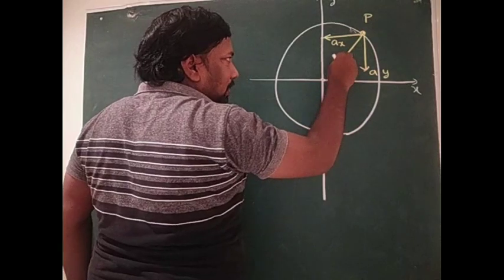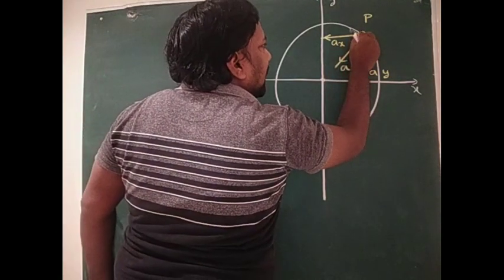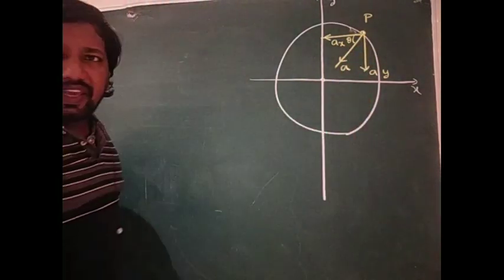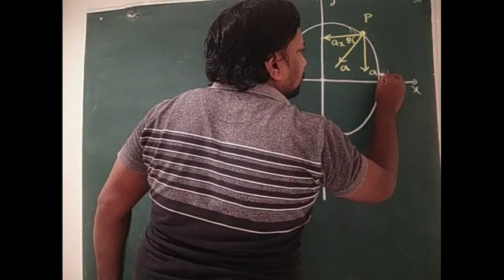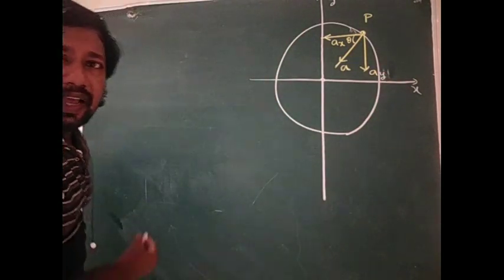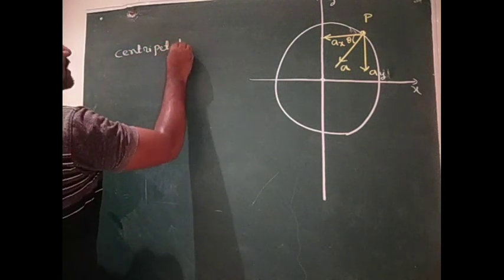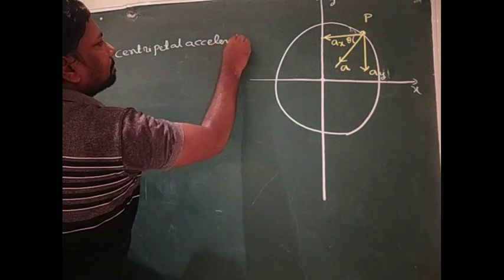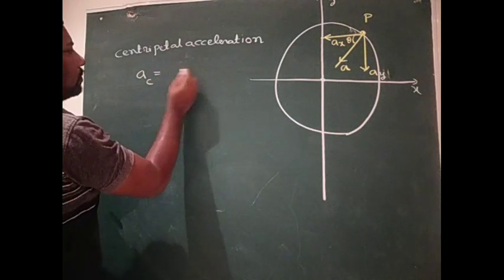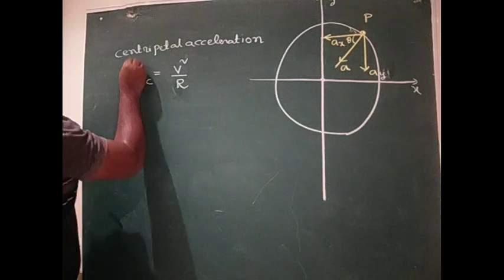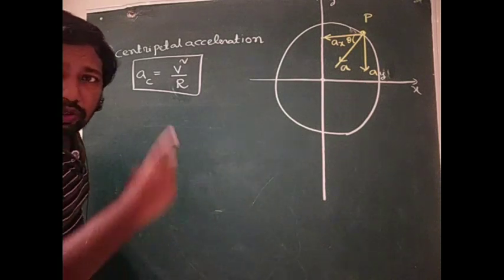A makes an angle theta with Ax. The centripetal acceleration AC is V square by R, and it is resolved into two components.